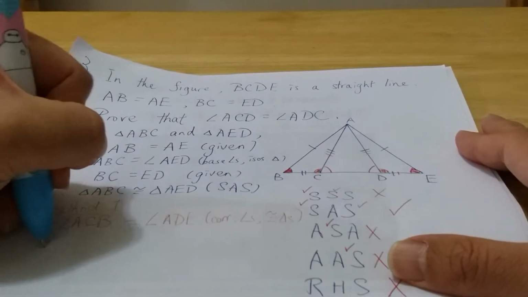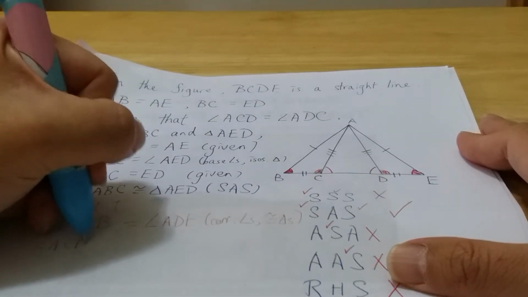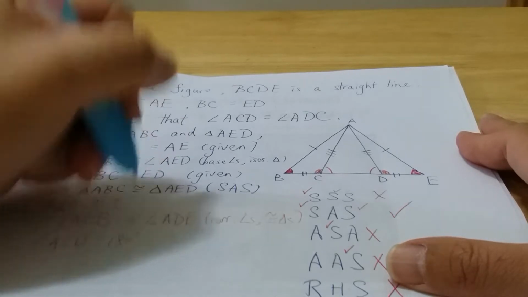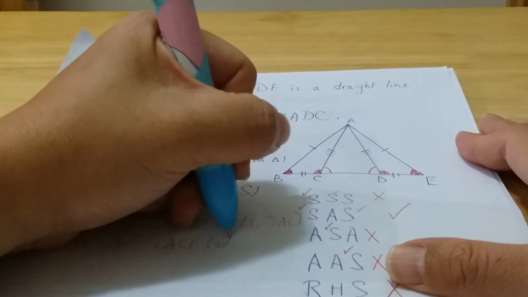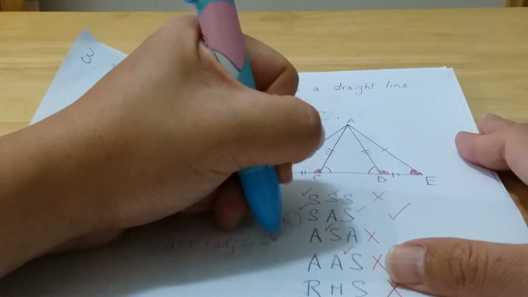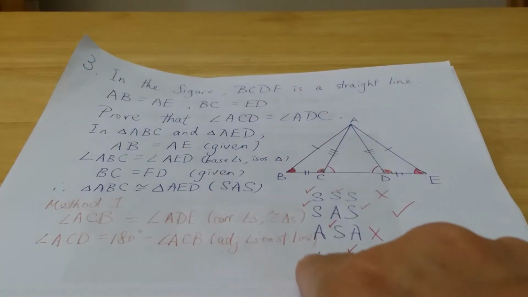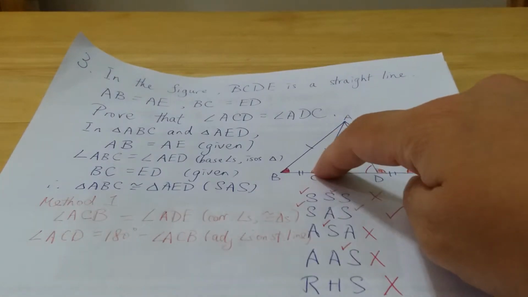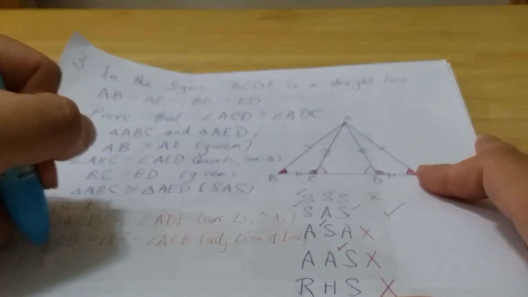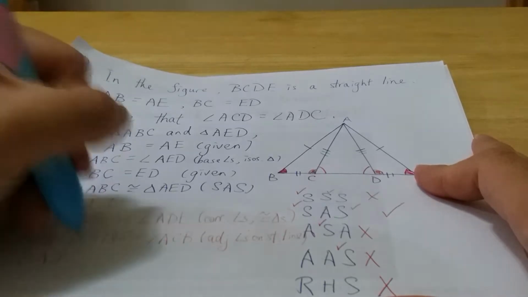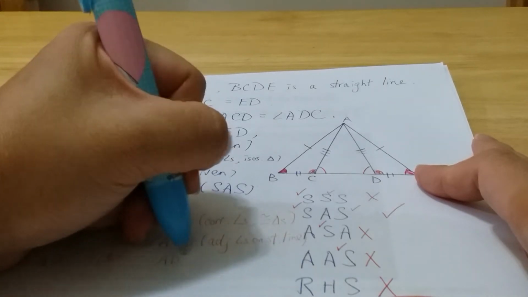And angle ACD equals 180 degrees minus angle ACB. This is adjacent angles on a straight line. And also angle ADC equals 180 degrees minus angle ADE.